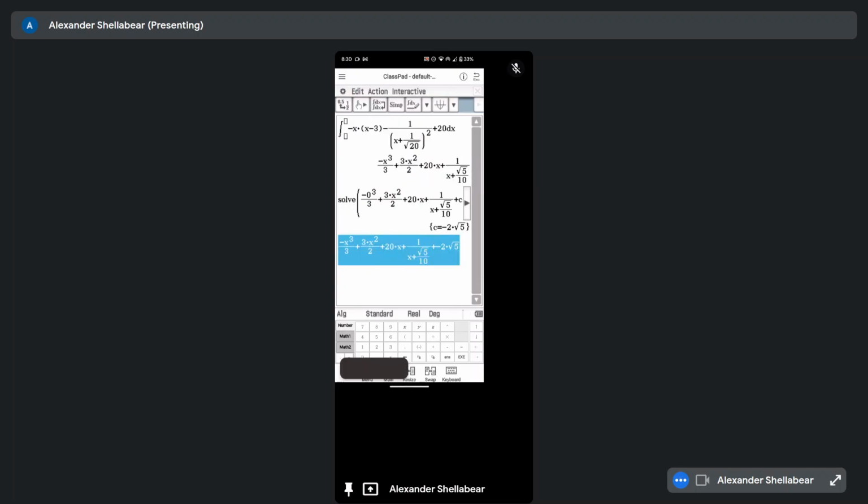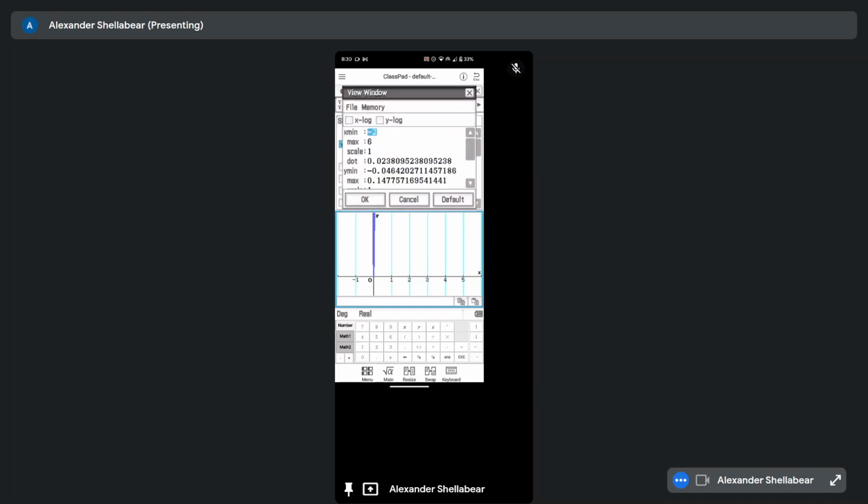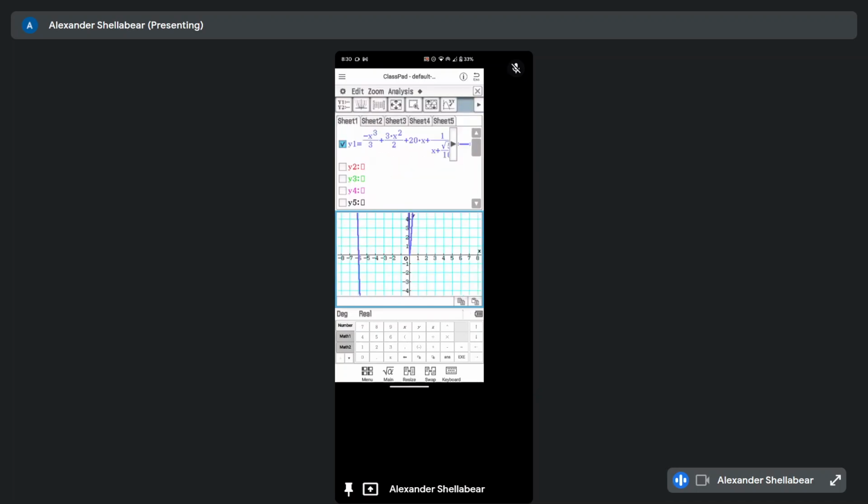Undo, copy, graph and table. And then I want to pull up this. And it looks like a lot's happening there. Okay, so we can zoom out, zoom out, zoom out.